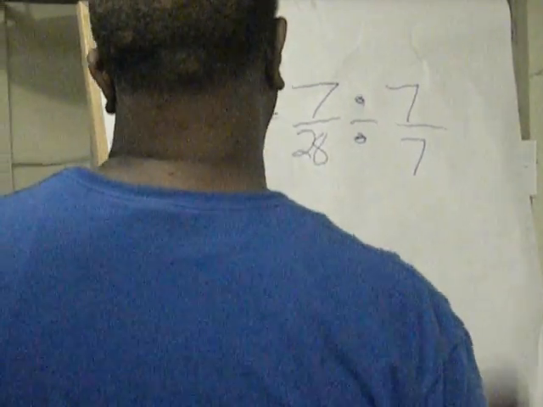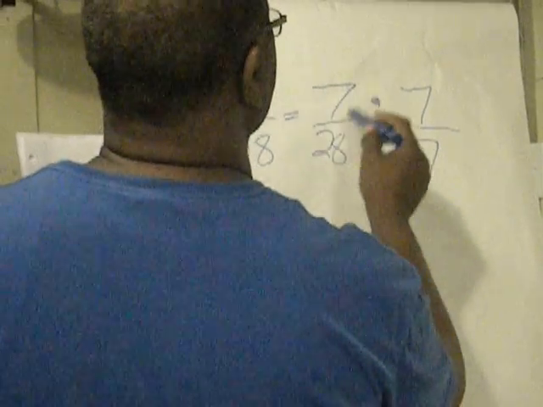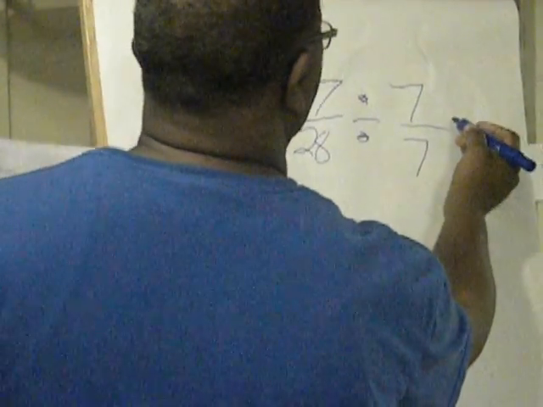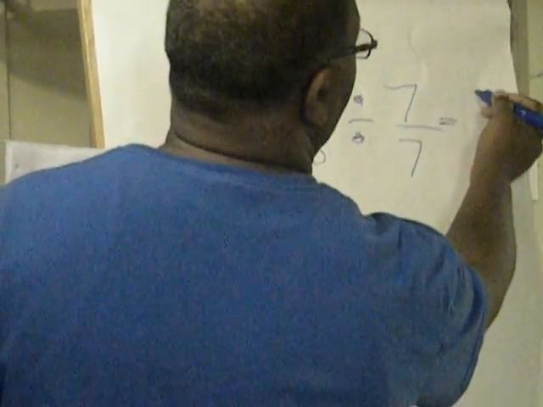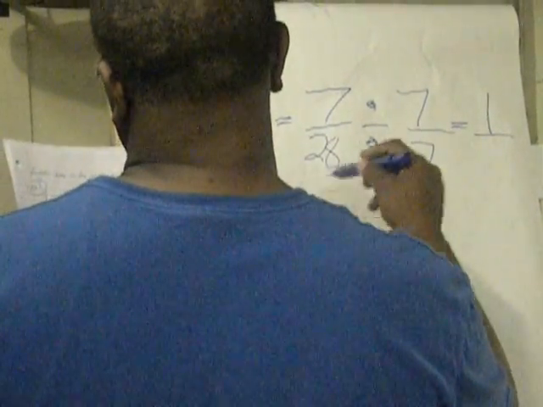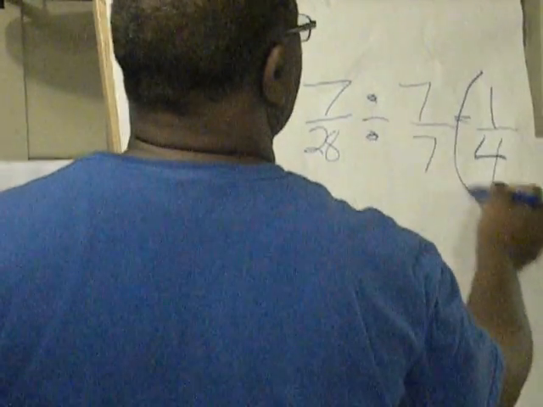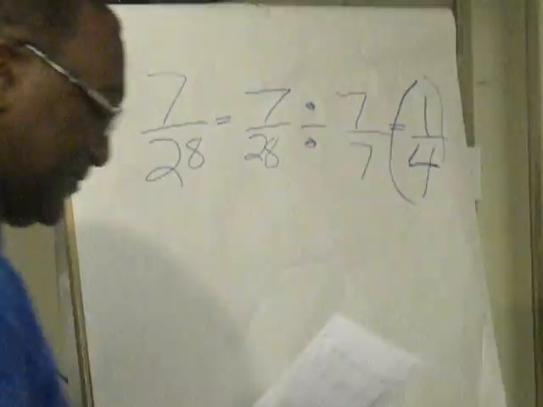These are common factors that we're using. So 7 divided by 7 is what? 1. Then 28 divided by 7 equals what? 4. Very good. So your answer would be 1 over 4.